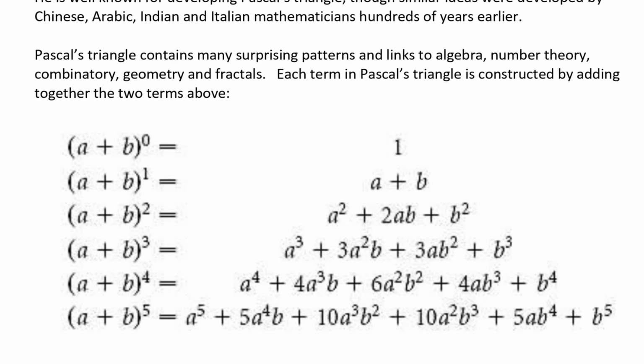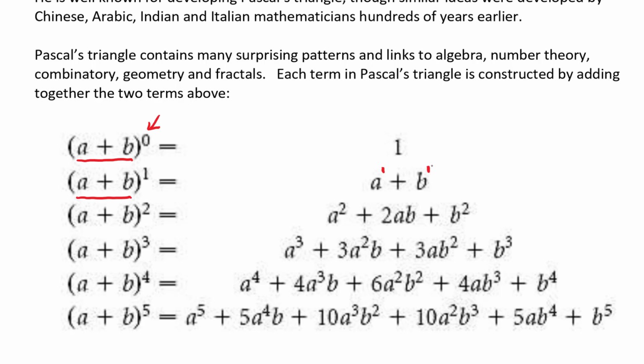In the previous lecture, I was applying the binomial to an exponent. Let's review that. So here, a plus b to the exponent 0, anything raised to the exponent 0 is 1. We have a plus b to the exponent 1, and let's just put the exponents in there. We have a plus b.